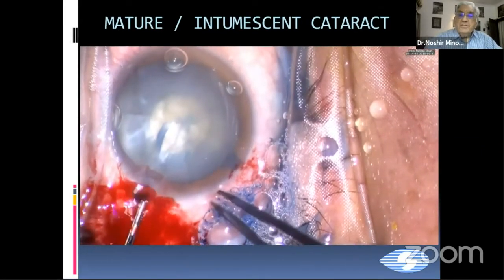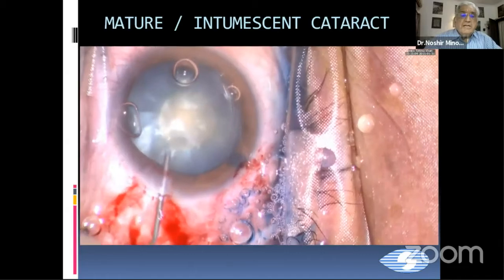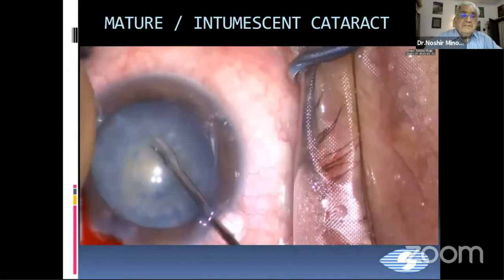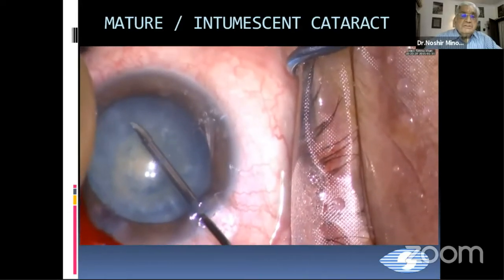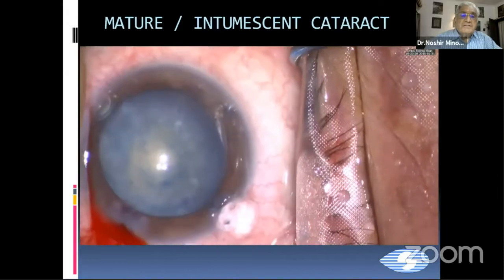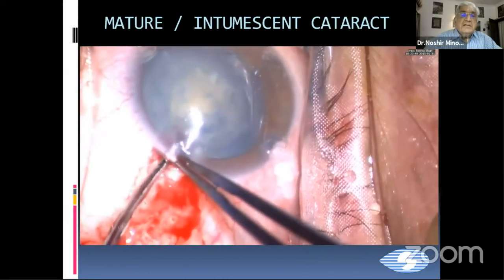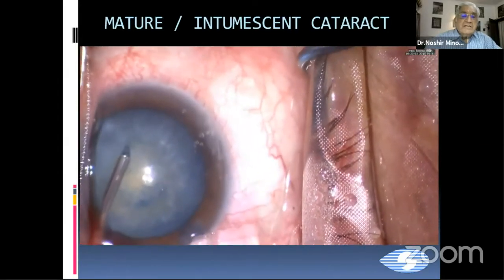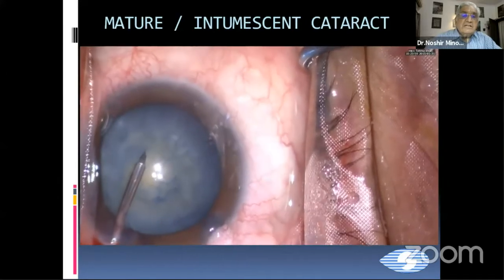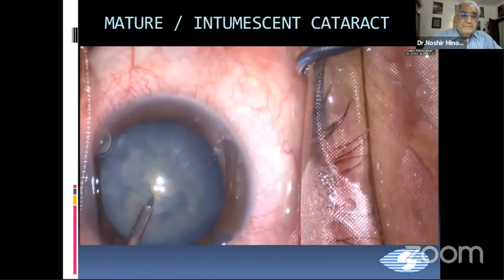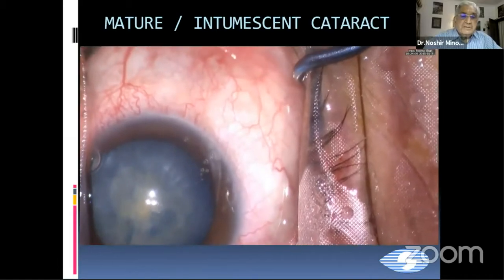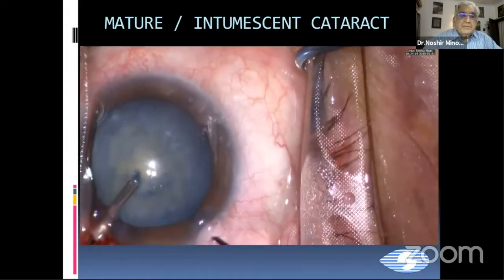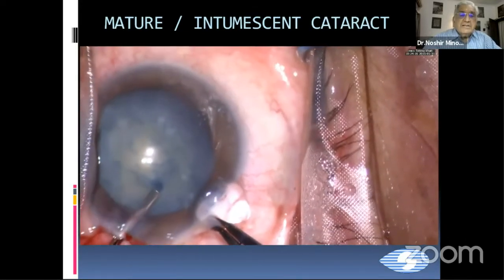So we make two side ports. We have two side ports now. We debulk the nucleus as much as we can. And then we make a nick with the 23 gauge capsular rhexis forceps, and then we extend the rhexis a little larger, because otherwise this rhexis would have definitely gone to the periphery. And so we do that on the other side also.